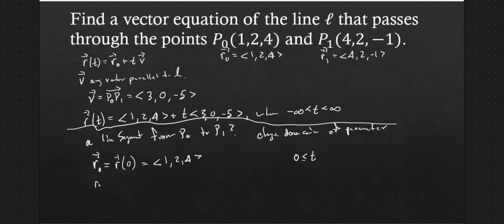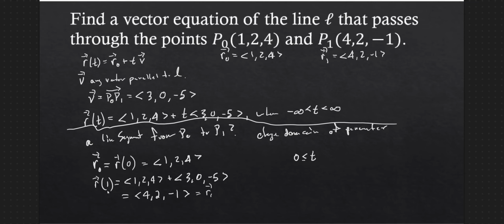So let's just check R of 1. So here's my vector equation. This would be 1, 2, 4 plus 1 times 3, 0, negative 5. Adding these together, this gives me 4, 2, negative 1, which is R1.